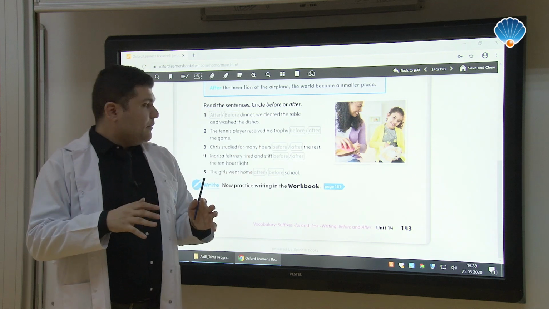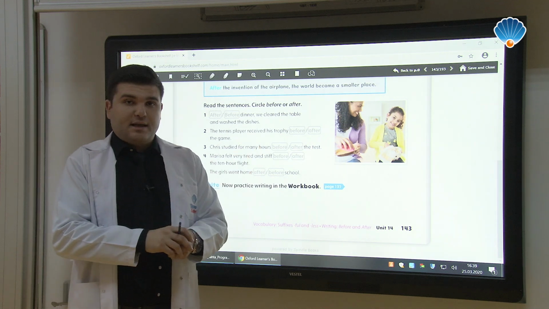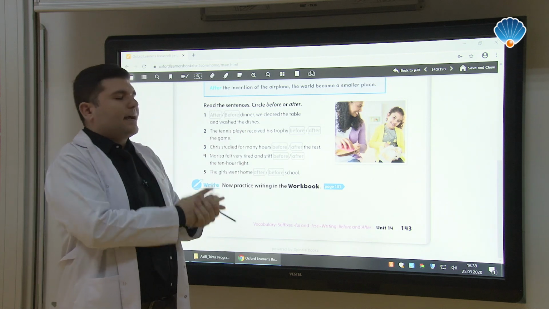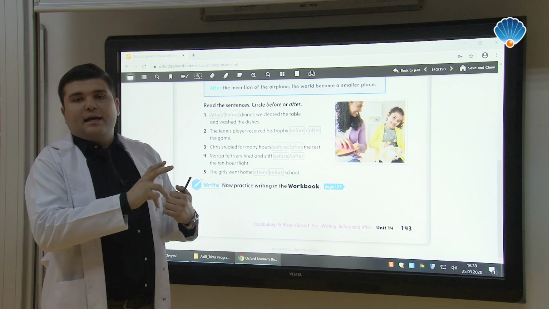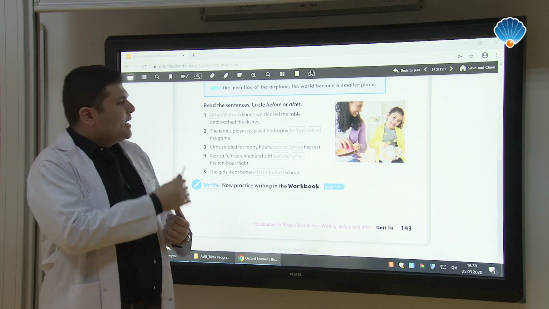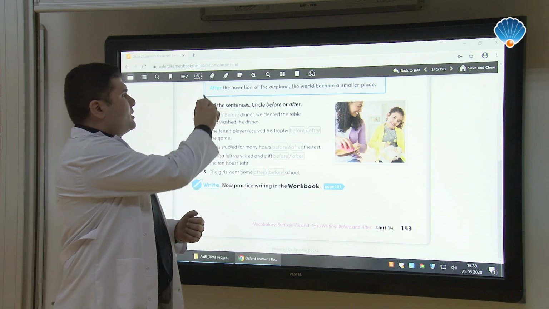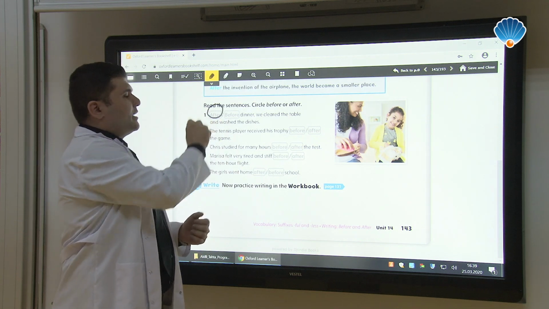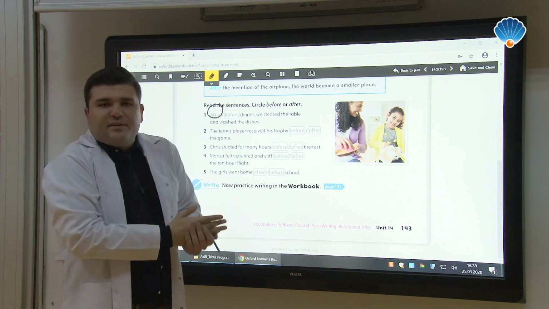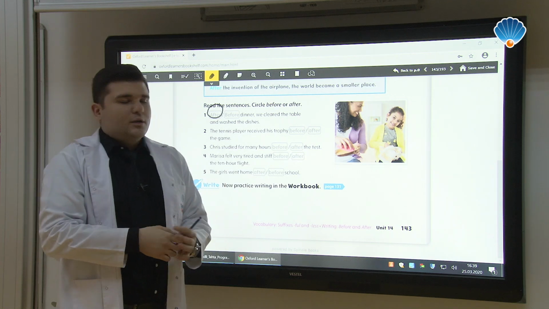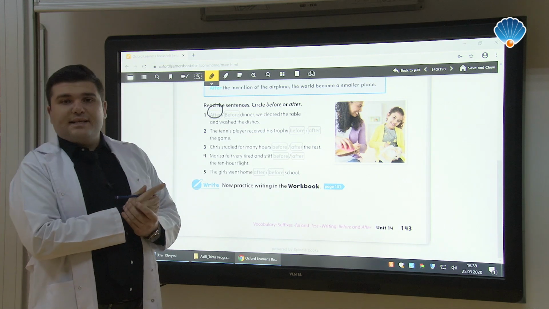We cleared the table and washed the dishes. If you know what these words mean, you can easily choose the correct answer. And what's the answer here? Of course, it is after, because when you have lunch, dinner or breakfast, after you eat something, you clear the table and wash the dishes, right? So the answer is after.